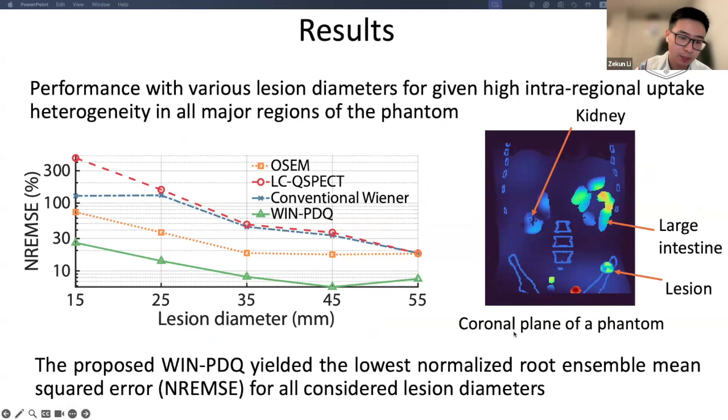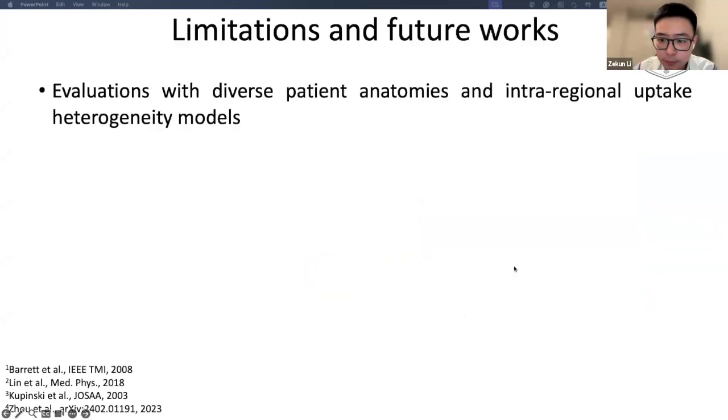We would reiterate here that due to the high intra-regional uptake heterogeneities, the model mismatch for the conventional quantitative SPECT method is significantly high. But even in this situation, the WIN-PDQ method yielded a very low normalized ensemble mean squared error for the estimates.